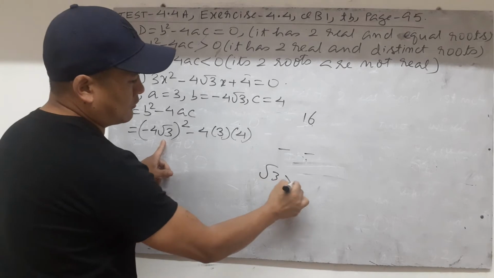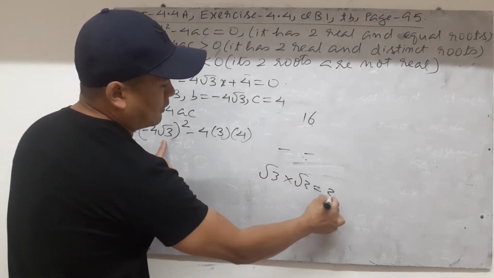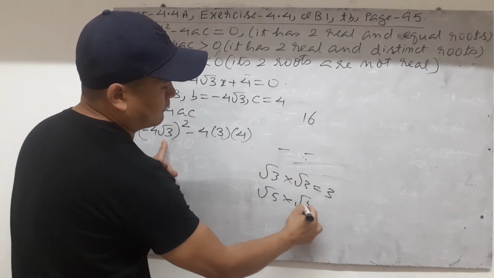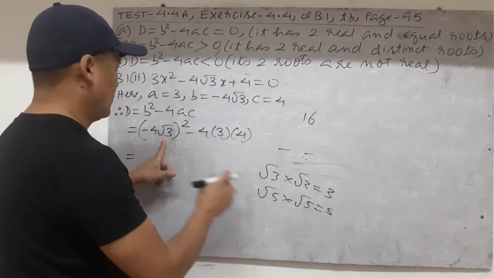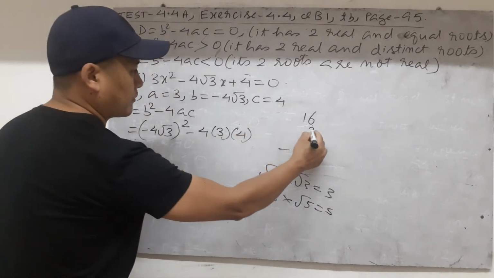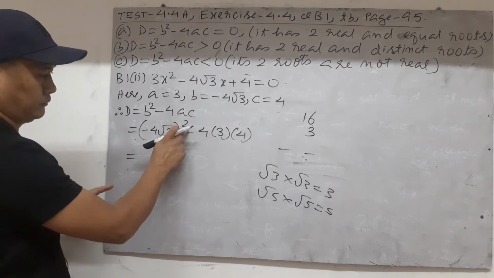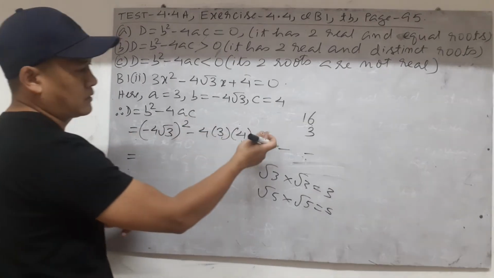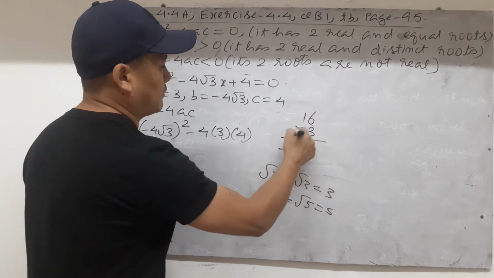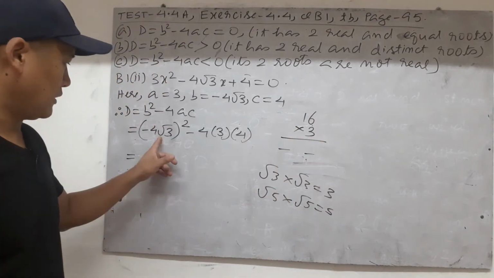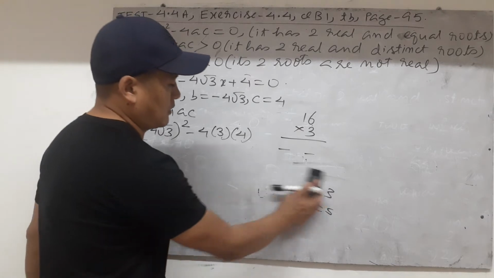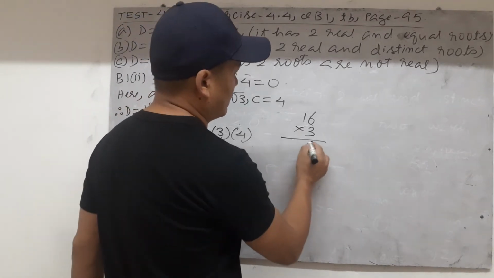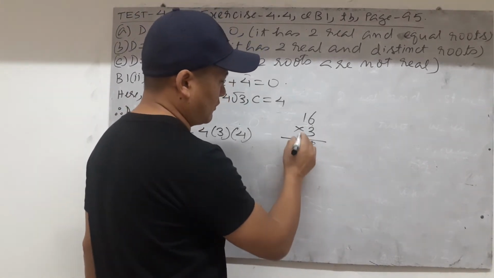Then this square belongs to this also. So root 3 square is root 3 into root 3, we know is 3, just like root 5 into root 5, the root is removed. So root 3 square is 3. 4 square, 16. Minus square means minus into minus, plus. So no minus sign, so you multiply this. That's our answer for minus 4 root 3 whole square. 6 3s are 18, 3 1s are 3 plus 1 is 4, so 48.